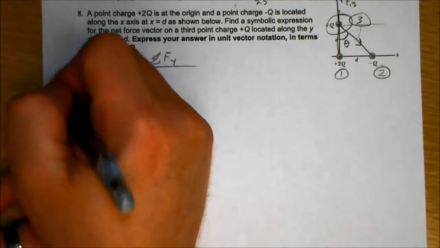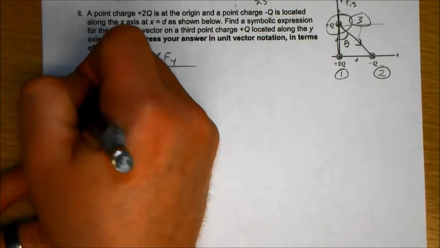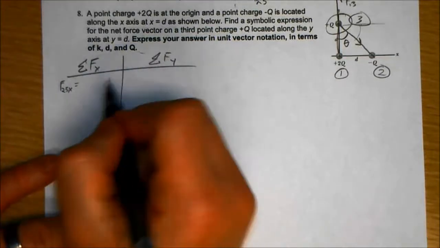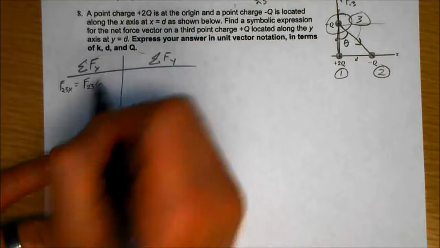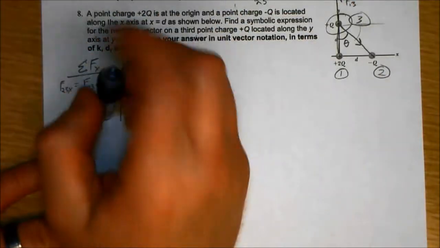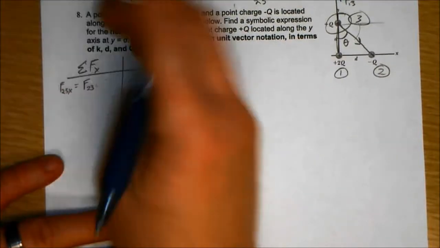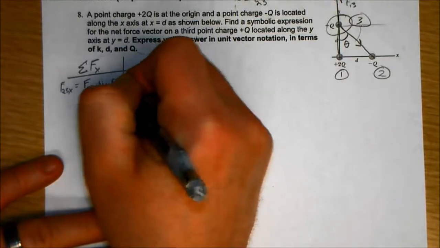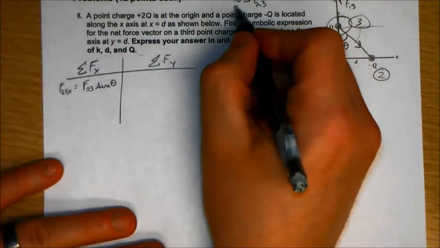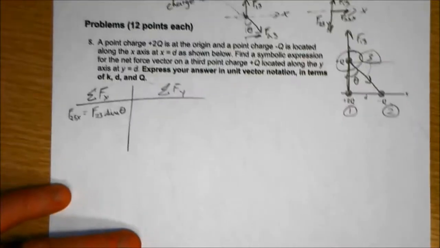In the x direction, all I have is F23x, which is just equal to the magnitude of F23 cosine of theta, because this is the opposite side of the triangle.